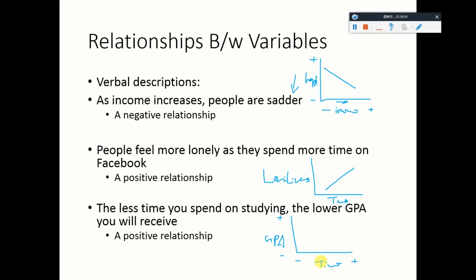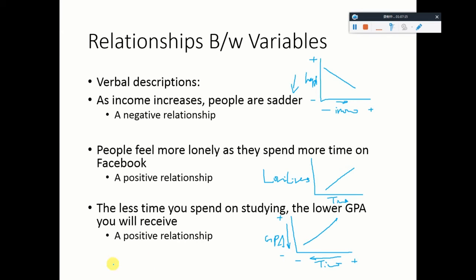The sentence says, if you spend less time on studying, you will have lower GPA.